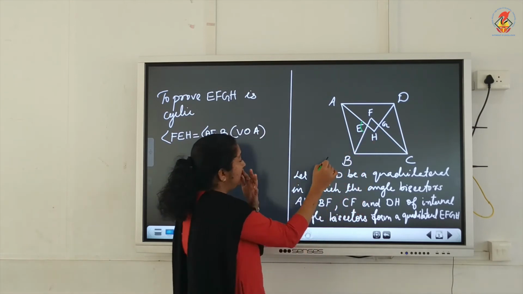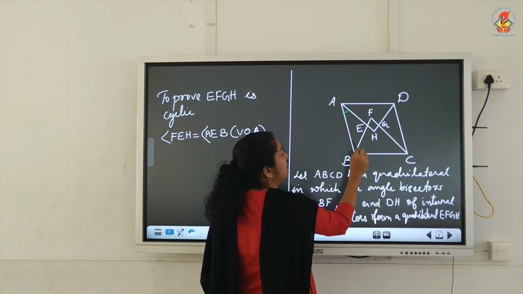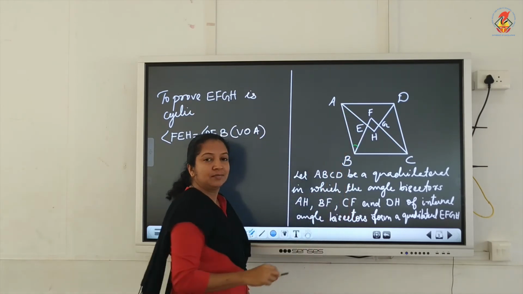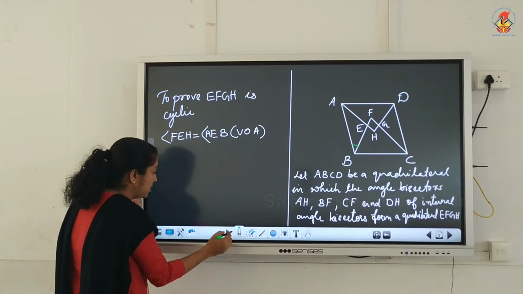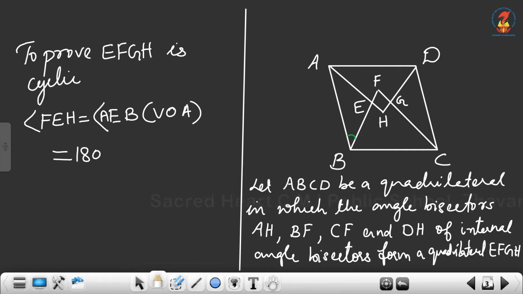Angle AEB is equal to 180 minus this angle plus this angle, which is 180 minus half of angle A plus half of angle B.